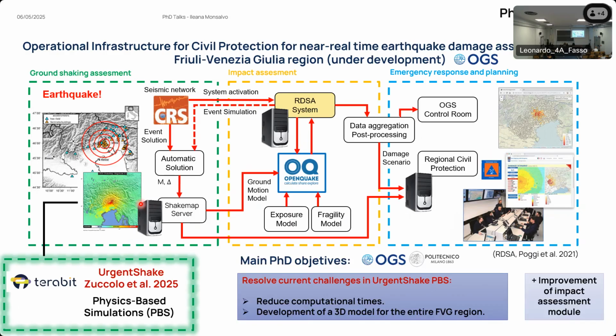So one of the main objectives is to reduce these computational times, and the second one is to develop a 3D model that can capture all the properties of the region. And finally, the goal is also to improve the impact assessment model, so that ultimately the damage estimations could be as accurate as possible.